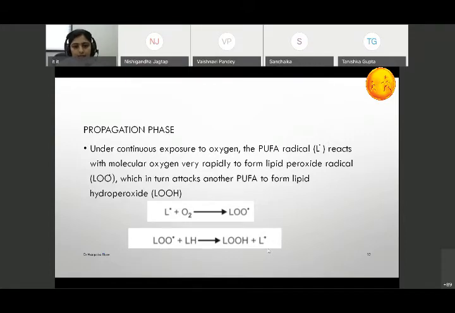Again it will be attacked by the heavy exposure of oxygen, again form a lipid peroxide radical, and again be acted upon by PUFA to form lipid hydroperoxide, and like this the chain continues. Hence this is known as the propagation phase. That means the chain is being generated or propagated and a long chain of fatty acid is being formed.